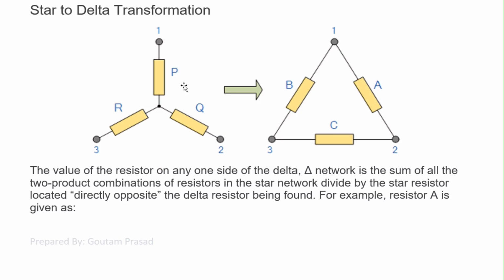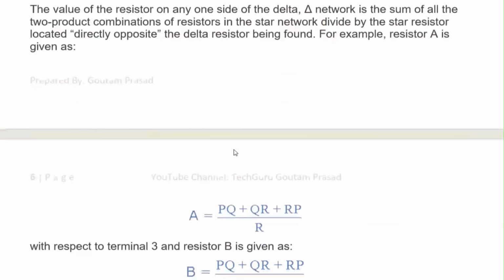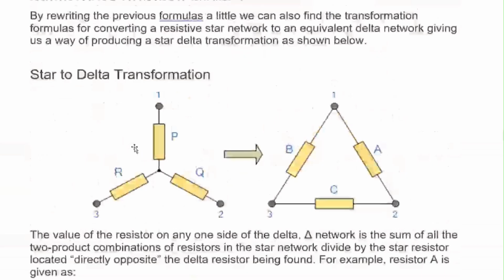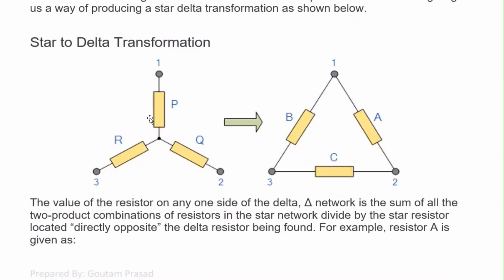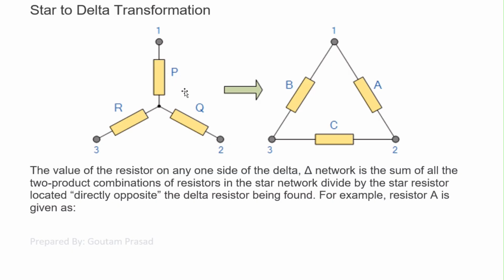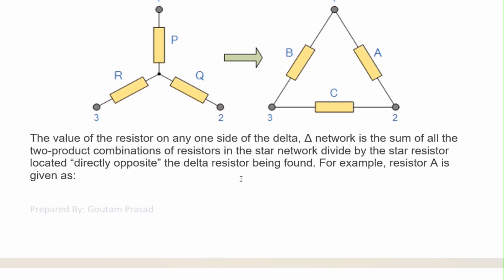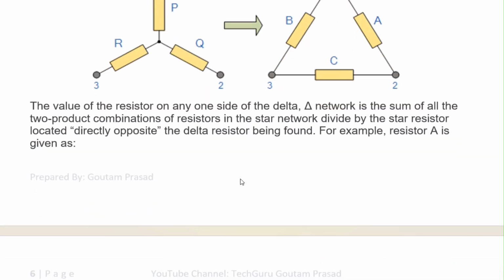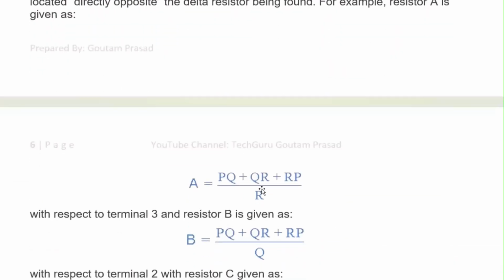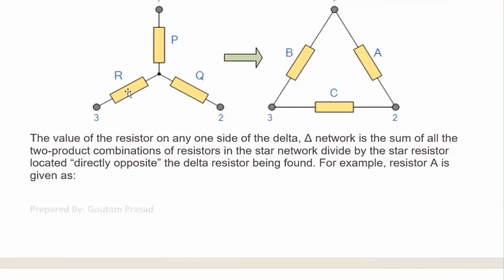So if you want to calculate the value of A, then you will have to take the sigma of P and Q. That means PQ plus QR plus PR. So you will have to sum all of them and divide by R, this resistance.